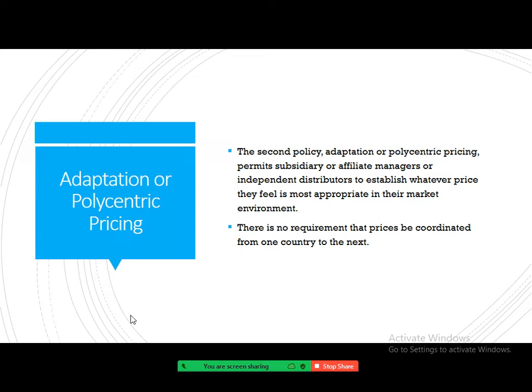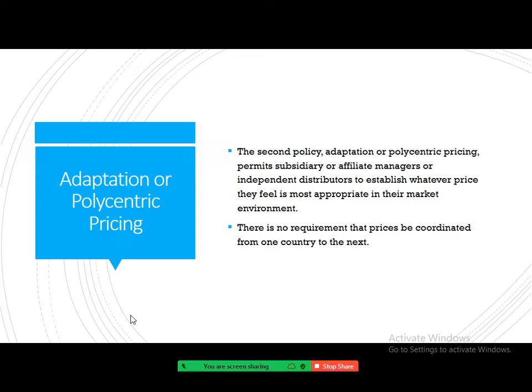However, valuable knowledge and experience within the corporate system concerning effective pricing strategy are not brought to bear on each local pricing decision. Because the distributors or local managers are free to set the prices as they see fit, they may ignore the opportunity to draw upon the company's experience.